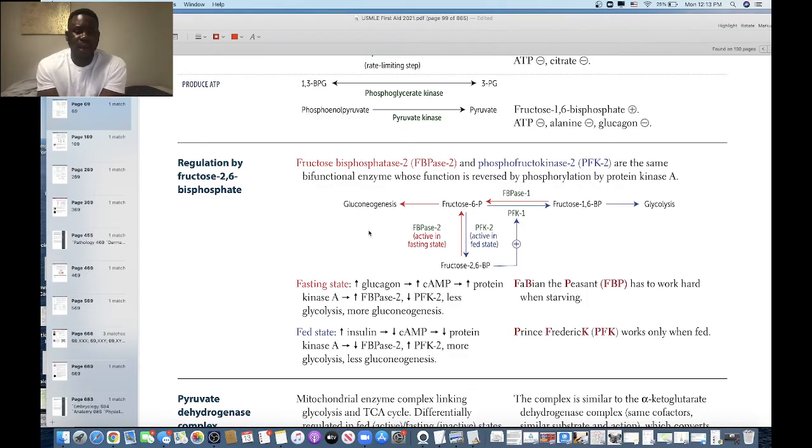Now, regulation by fructose 2,6-bisphosphate.